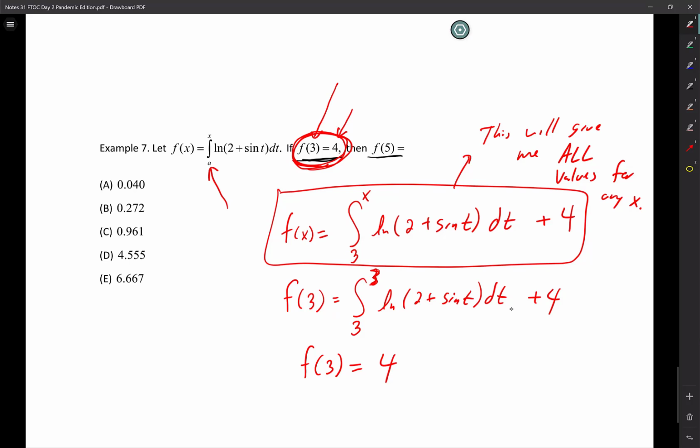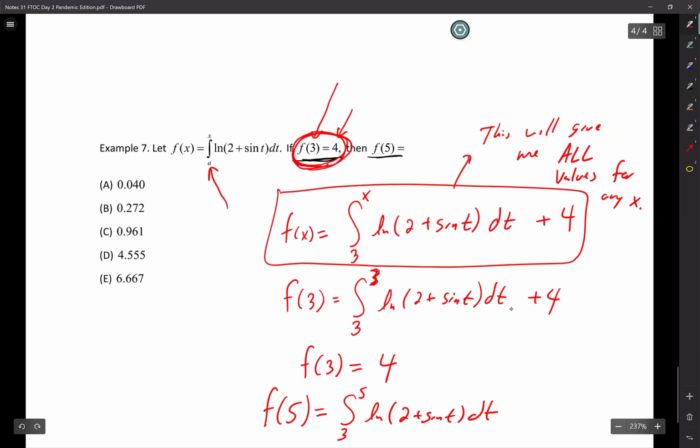I made the equation. I forced the equation. I forced it when it was 3 to give me 4. So now, f of 5 is going to be the integral from 3 to 5 of ln of 2 plus sine t dt plus whatever that is, 4.